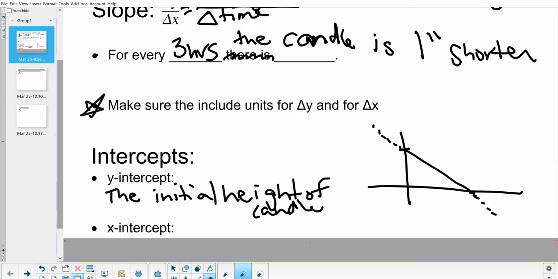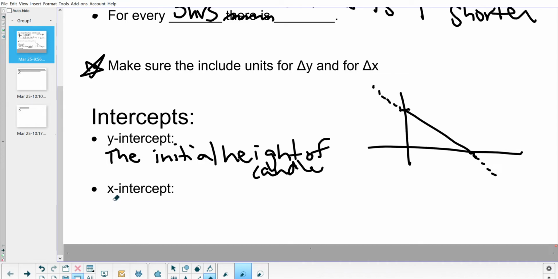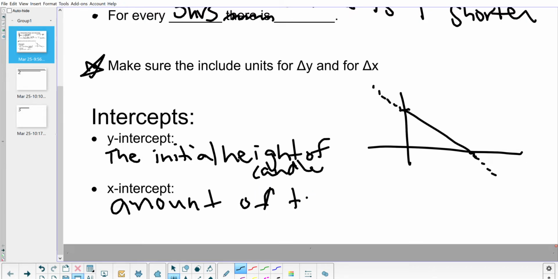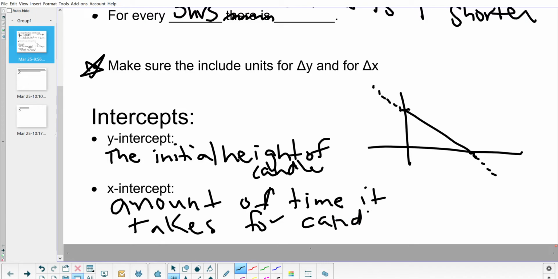So the x-intercept means that's the amount of time it takes for the candle to burn out, and its height is 0.